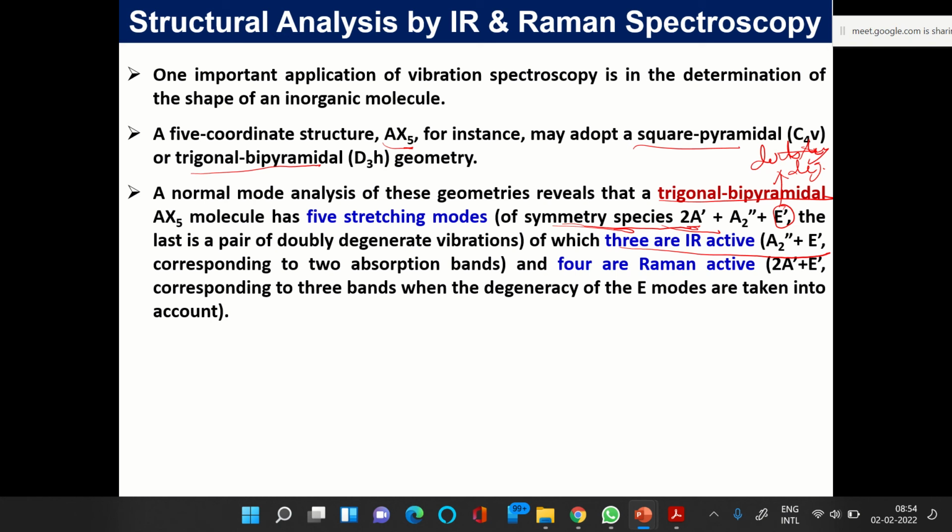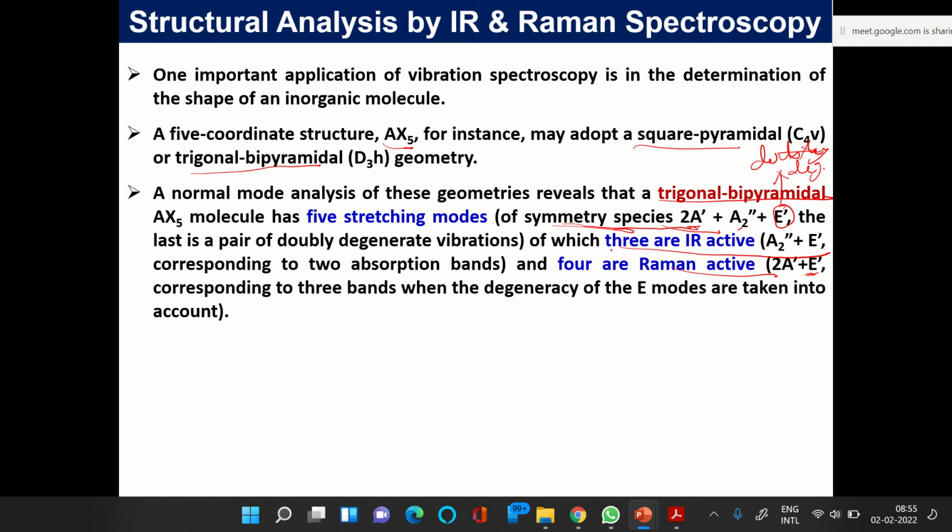A means a very highly symmetric vibration, just like s orbitals, spherical things having symmetry. That highest symmetric vibration will be Raman active. Obviously less symmetric ones like A2 are not Raman active. E prime is the doubly degenerate one, which is the bending mode of the vibration that can happen.